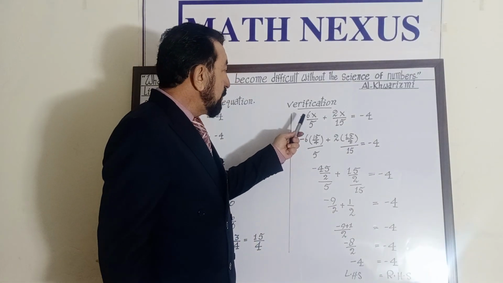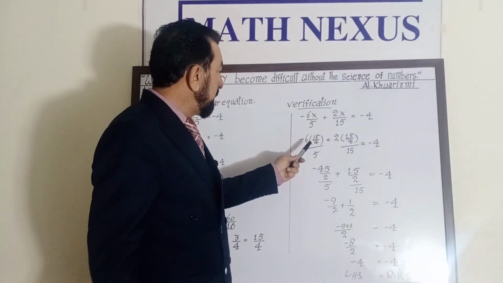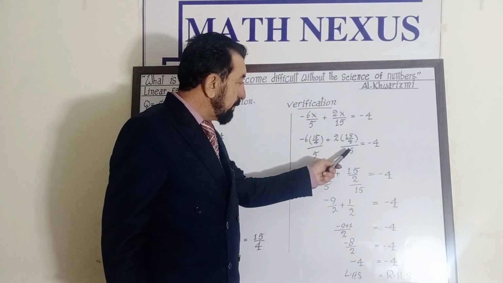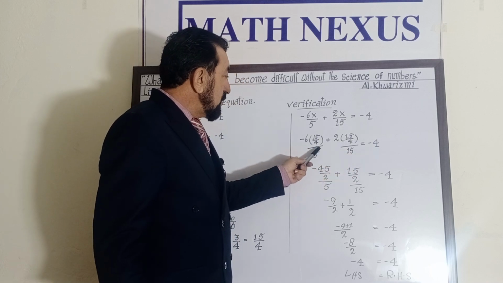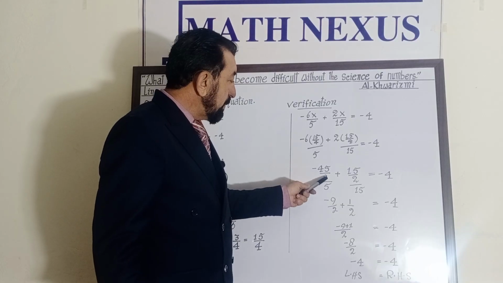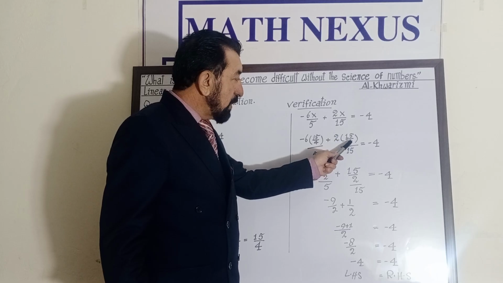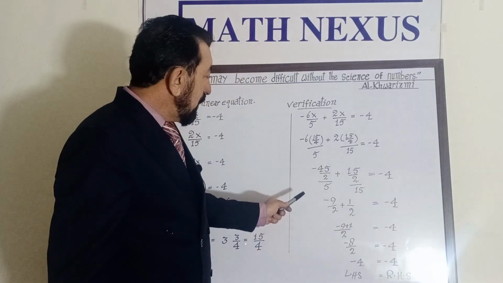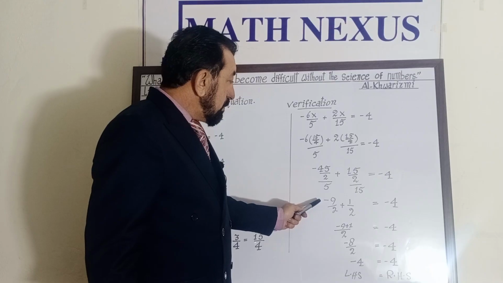Now to verify, putting the value of x equal to 15 upon 4 in this linear equation, minus 6 into 15 upon 4 plus 2 into 15 upon 4 upon 15 equal to minus 4. 2 3s are 6, 3 15s are 45, 45 upon 2, plus 2 into 15 upon 4 upon 15, 5 9s are 45.